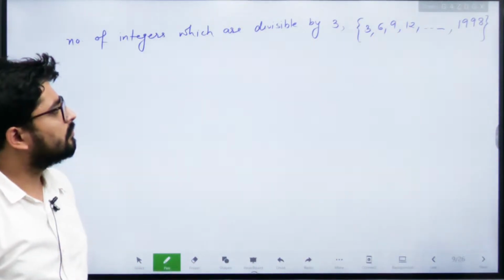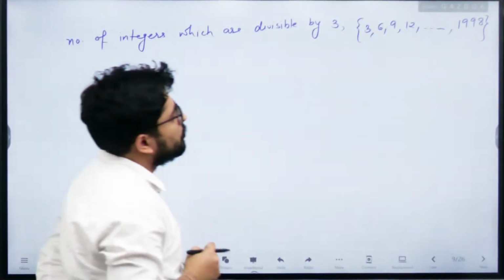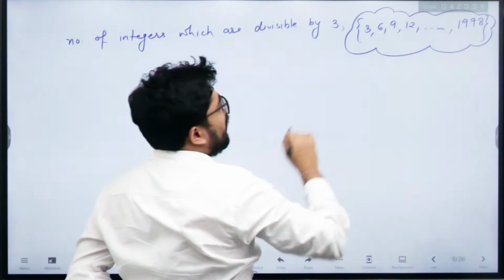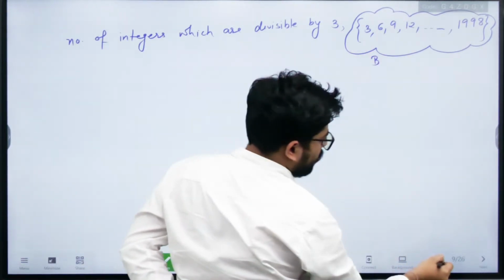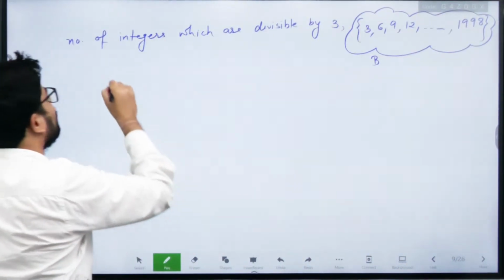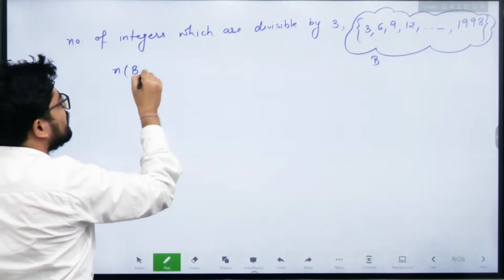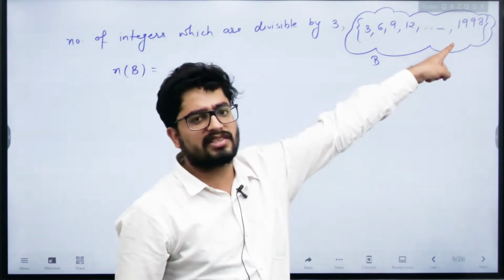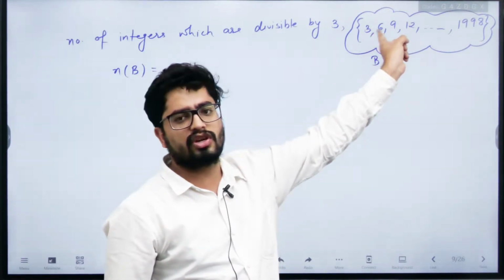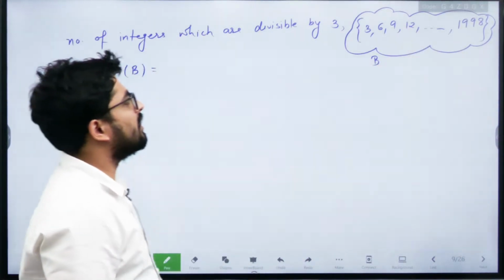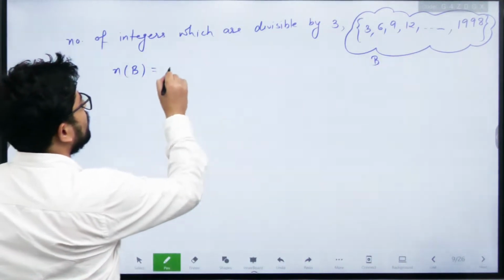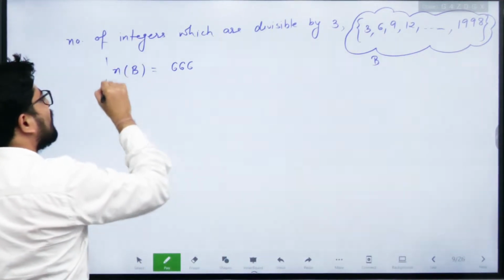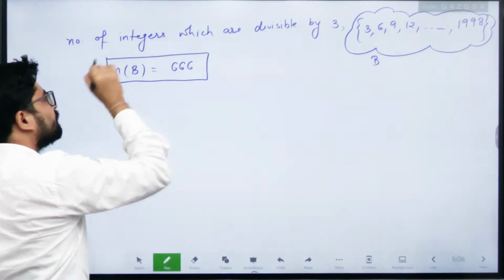Let's say this is your set B, which contains all the numbers divisible by 3. Now you can calculate the number of elements in set B. This is an AP, where the last term is 1998, first term is 3, common difference is 3. So the number of terms is 666. The number of elements in set B is 666.